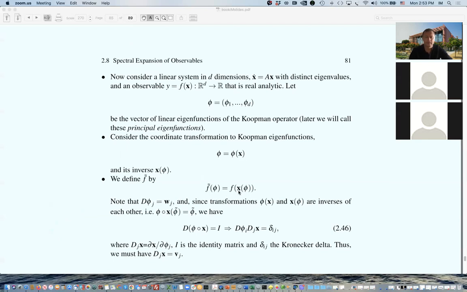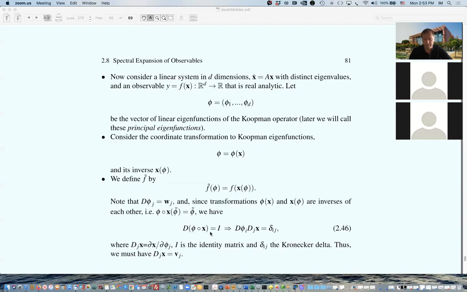And now we know that phi of x and x of phi are inverses of each other. So phi composed with x, evaluated at phi tilde, is phi tilde itself. So what we have is that this derivative of phi composed with x is identity, right? There is phi tilde here and phi tilde here. So if I take a derivative d of this at phi tilde, I get phi tilde back. So this is identity.